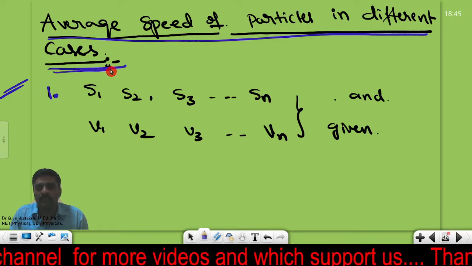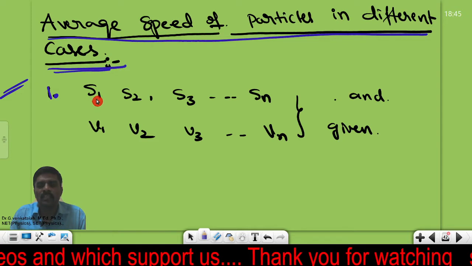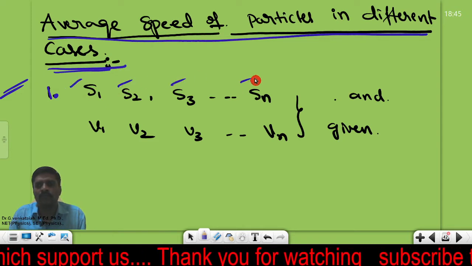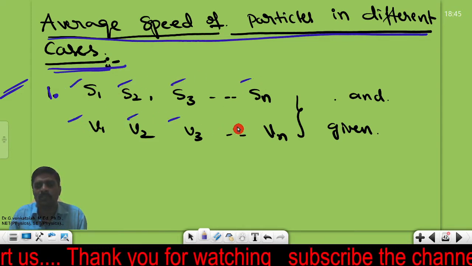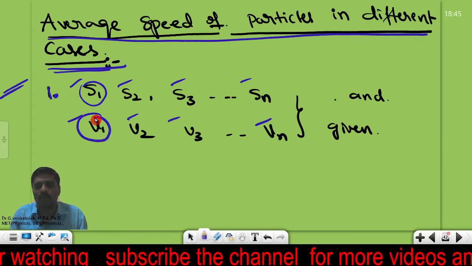They may ask you to find the average speed in different situations. First, they may provide the distances of the object and the speed for each distance, and then ask what the average speed is.